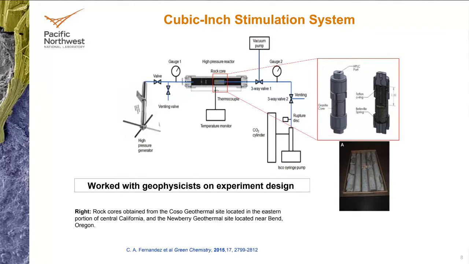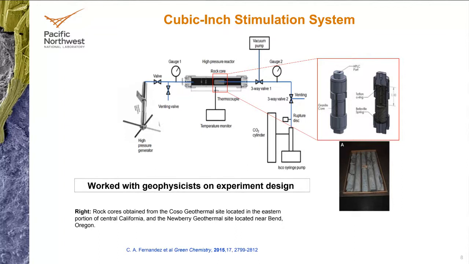So we designed this system. This is a flow reactor here in the middle, and the rock sample goes inside a cradle, and then that cradle goes inside this reactor. This reactor is filled with water, and the sample has a wellbore that is blind. It goes halfway.